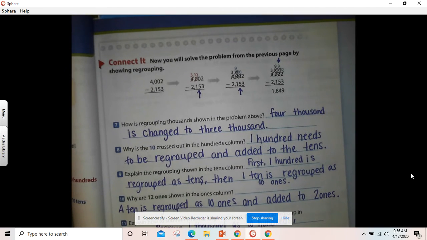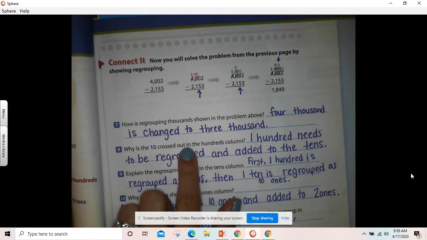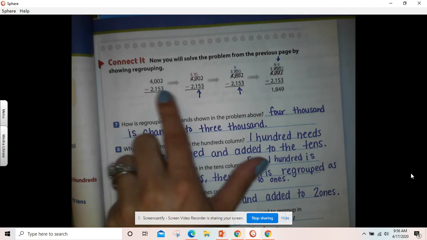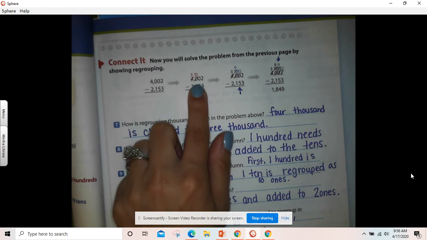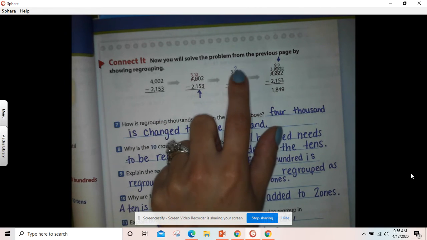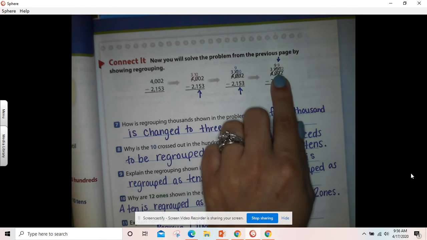Awesome. Okay, number 8. It asks, why is the 10 crossed out in the hundreds column? Okay, well, if I look here in the hundreds column, I had a 0, and then that was changed to a 10. And then here, that 10 is crossed out. That's what my problem is referring to, and changed to a 9, and I can see why that happened.